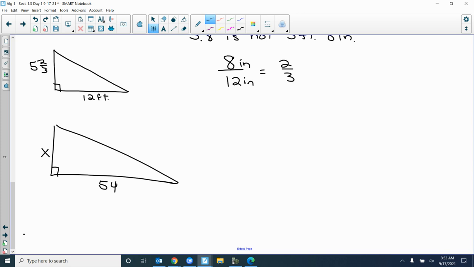Carly, what do you think for a proportion? It's x over 54 equals what? Not 8 over 12. What's the height of the person? 5 2/3.